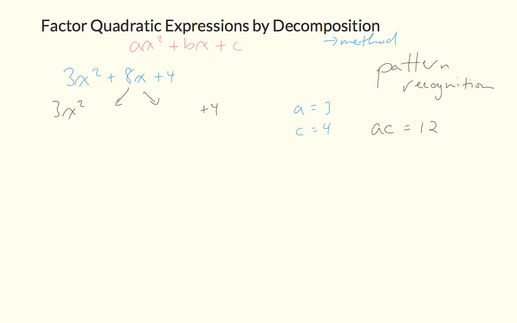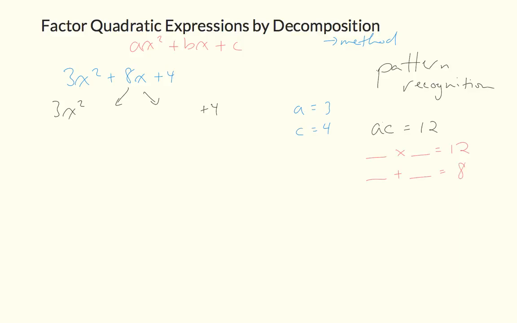And here we have the most important thing, this b value that we're going to decompose. The two things that we're going to decompose it to also must equal 12 when they're multiplied together. So that means we are looking for two numbers that multiplied together equal the same thing as a times c, so the 12. And of course, because they're being decomposed from 8, they have to add to 8.